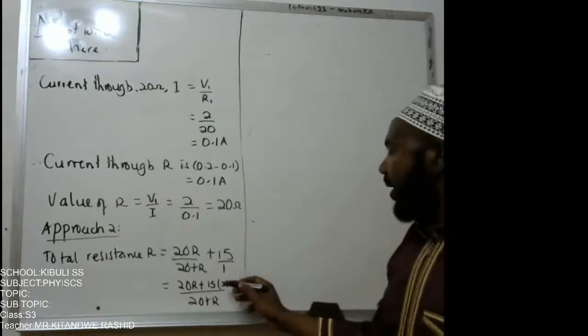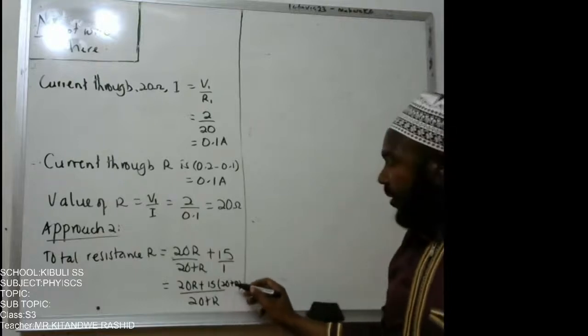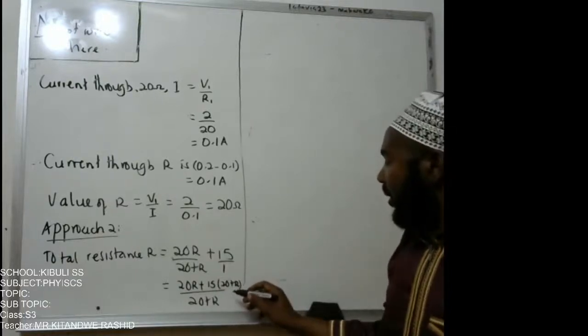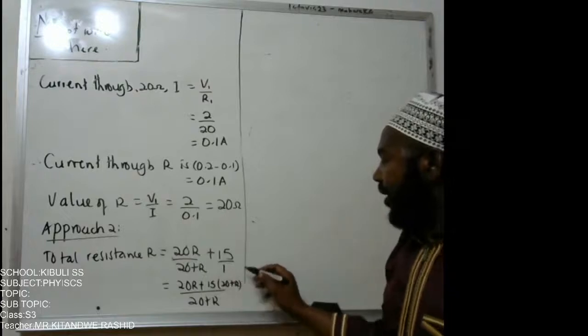So open the brackets, the upper brackets. We're going to be having 300.